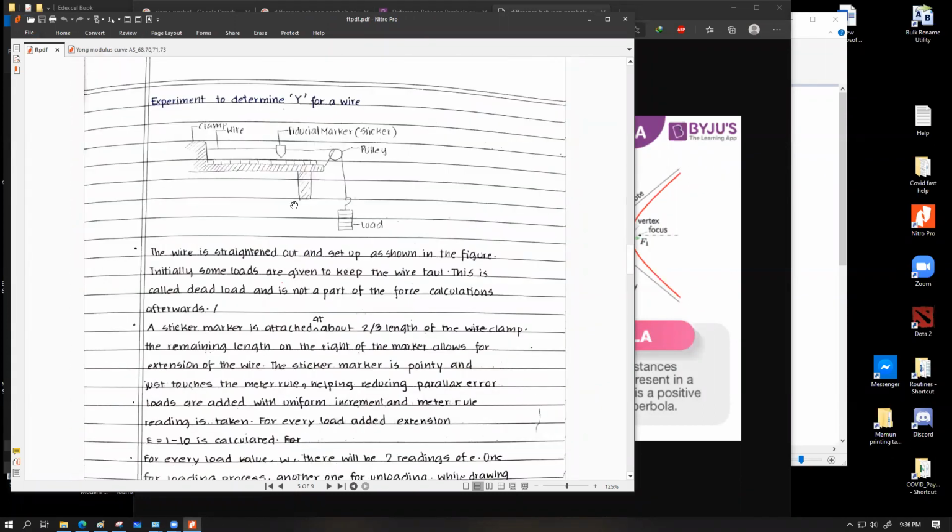So how much value you should use can be either given to you by your examiner, or the lab person might tell you that for this specimen of wire the maximum load you should use is this much, don't use more than that. You should have that information in your hand from earlier. And if you don't have that, let's say you are an actual scientist who is trying to figure this out firsthand, you don't have any prior information, then you must wear protective goggles.